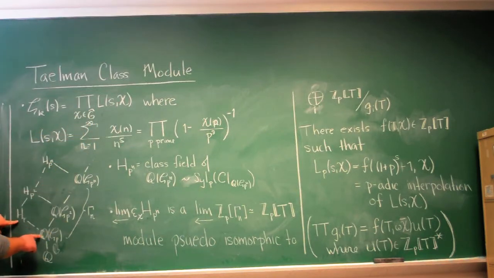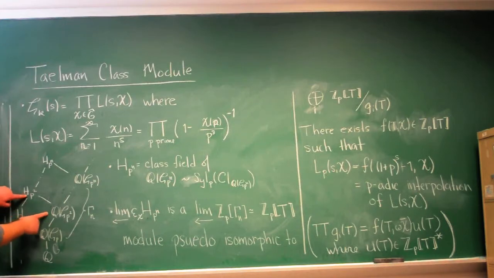And then for each extension Q adjoin zeta_{p^n}, we're going to look at the class field that's associated to the p-subgroup of the ideal class group at every level. So H_p is the class field whose Galois group is isomorphic to the p-subgroup of the ideal class group of Q adjoin zeta_p, via the Artin map.